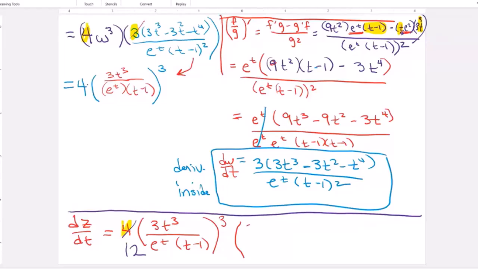So now I have times 3t to the third minus 3t squared minus t to the fourth divided by e to the t times t minus 1 squared. And honestly, that's fine. I don't want to simplify it anymore. There are still many ways I could simplify this, but I think that's good enough for now.